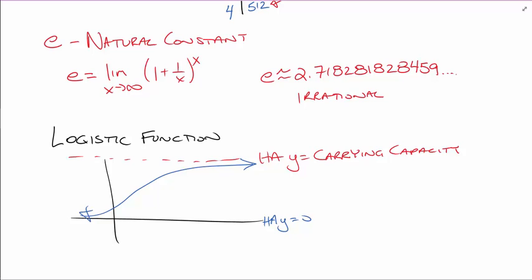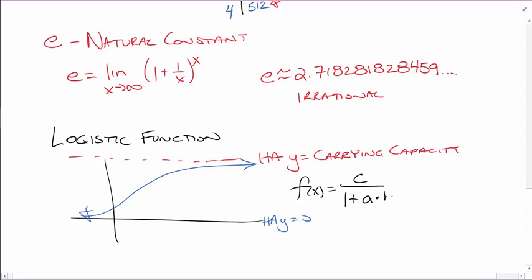What we haven't defined in the past is what the equation of this is. f of x is going to equal c over 1 plus a times b to the x. We've seen that a times b to the x with an exponential function. Now that's in the denominator added to a 1, and we've got this value of c in the numerator.